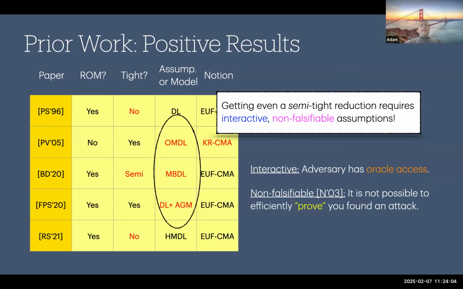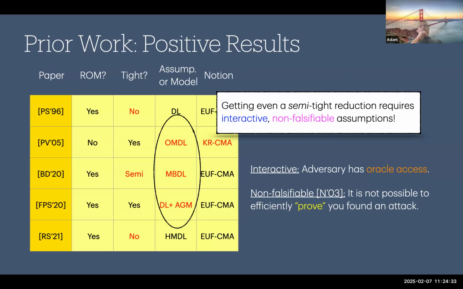And then non-falsifiable means that it's not possible to efficiently prove that you found an attack. Typical, basic assumptions in cryptography have this property called falsifiability. If I give you a factoring challenge, you can prove to me that you have a fast factoring algorithm by telling me the factorization. So we call it falsifiable, but more advanced assumptions are not falsifiable.